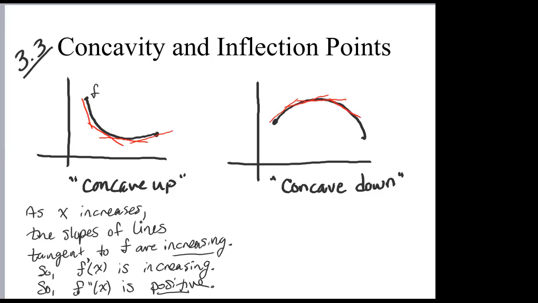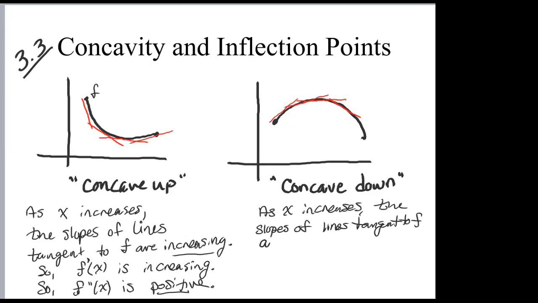So it looks like the slopes of the lines tangent to the graph of f are decreasing as x increases.